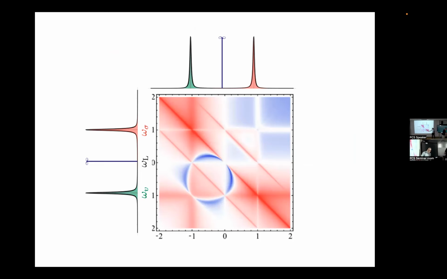So there is this circle of anti-bunching, and the reason is the region, again, in the parameter space, where the system finds the condition for the destructive interference between the mean field or the coherent part, the laser, and the quantum fluctuation, so the luminescence of the system.